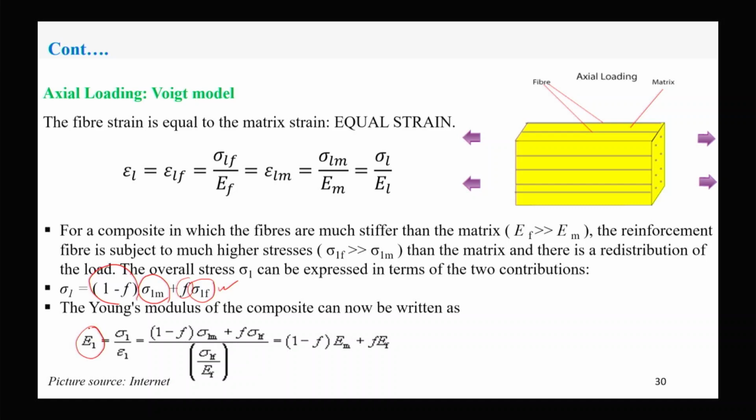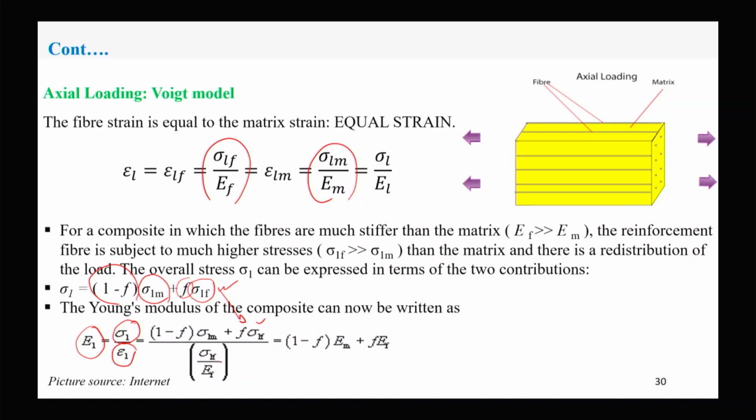Young's modulus of composite is equal to stress on composite divided by strain on composite. Stress of composite is replaced here, already it has been derived, and strain of composite is equal to the strain of matrix and strain of fiber.